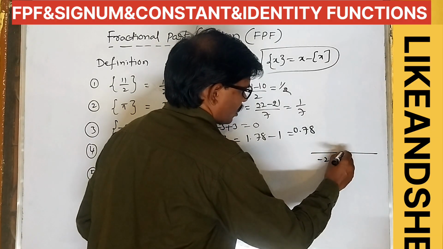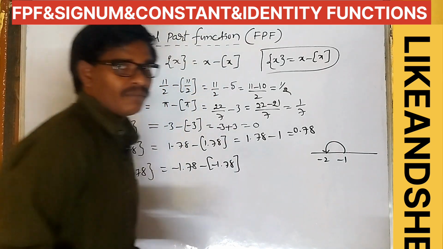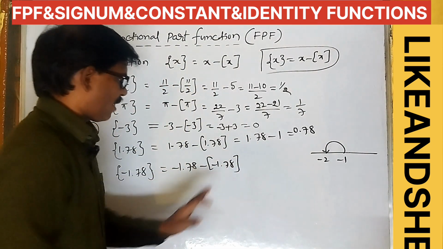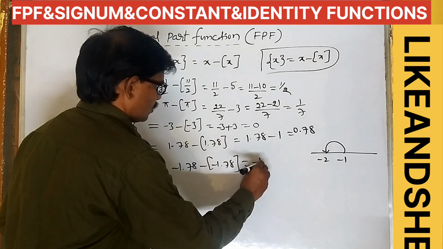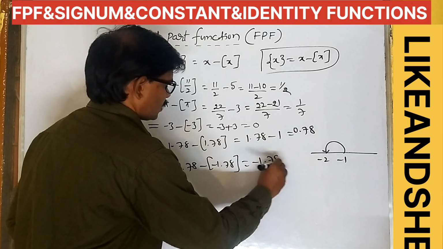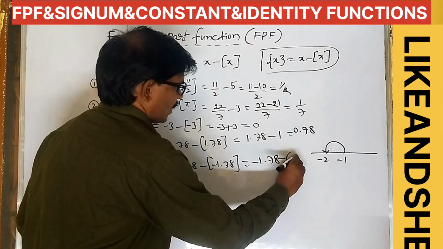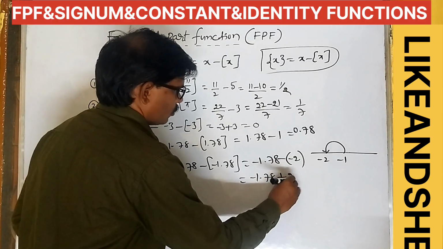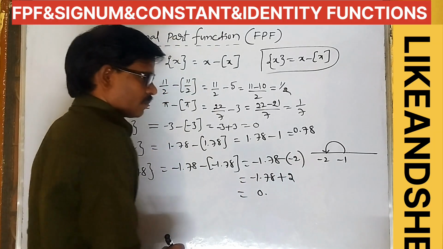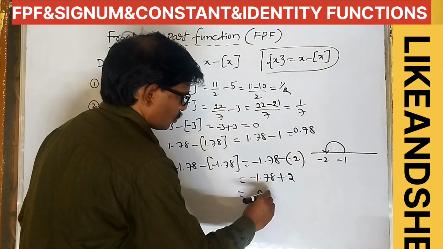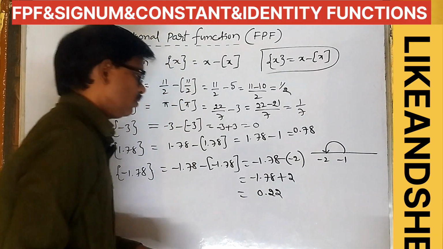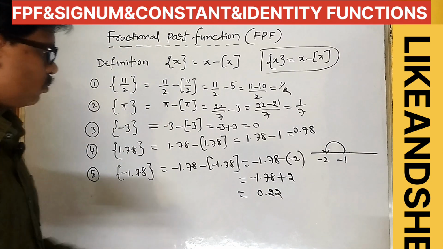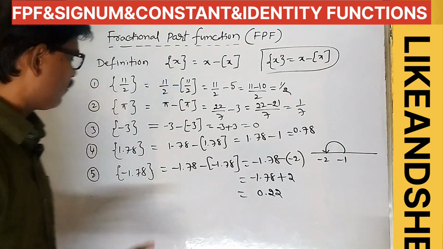So minus 1.78 minus of minus 2 is minus 1.78 plus 2, which equals 0.22. This is the fractional part.